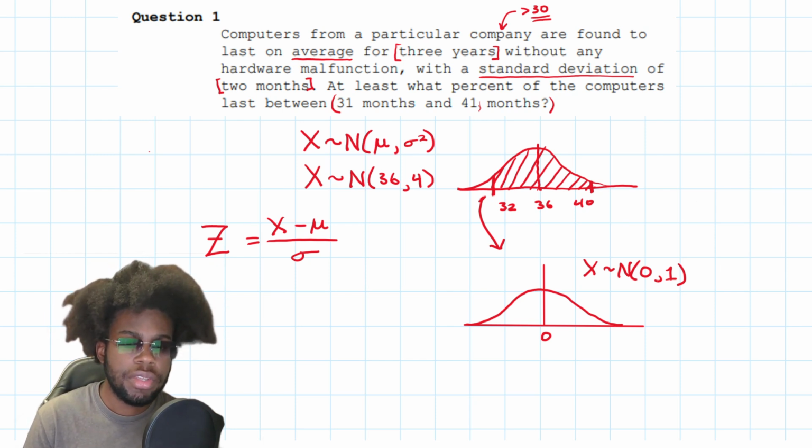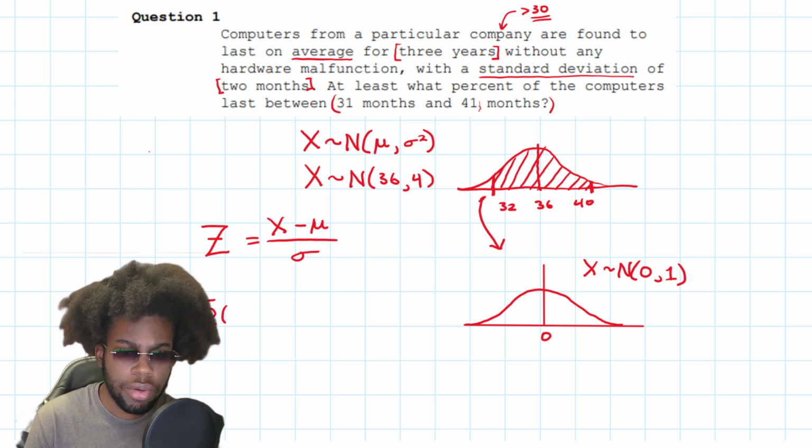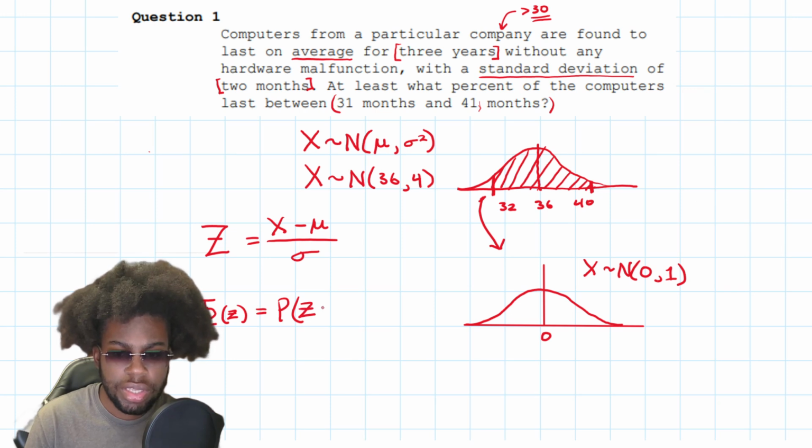The relevance of this to us is that we can plug this z value into a table which will return for us phi of small z, which is simply the probability that this big Z is less than a given small z.